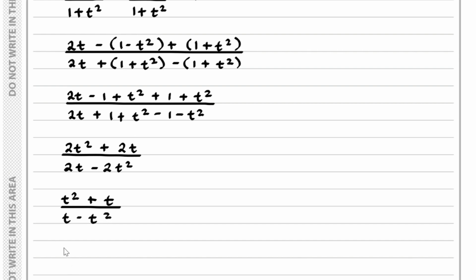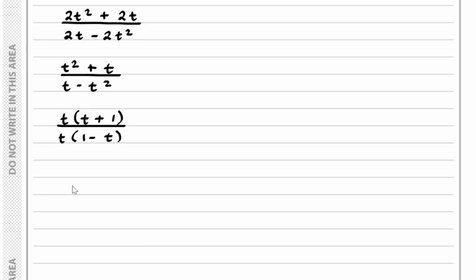If I factorise out a t from the top and bottom, we've got t lots of t plus 1 divided by t lots of 1 minus t. The t's cancel, so we are left with t plus 1 over 1 minus t.